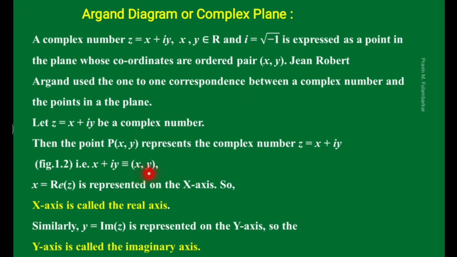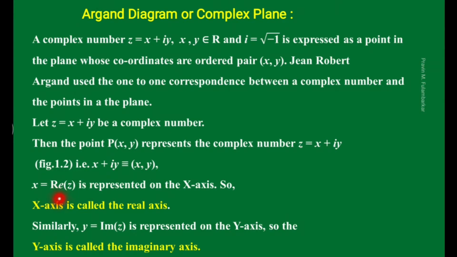This type of concept you already use while plotting a point on a graph. When you have to draw a graph for a given equation of a line, you take x equal to some values, then you get the value of y, and using those coordinates you plot a line.